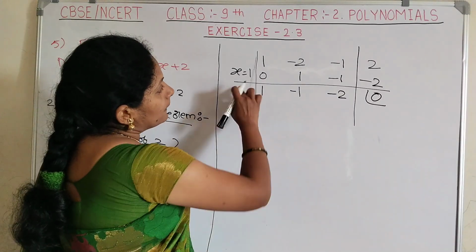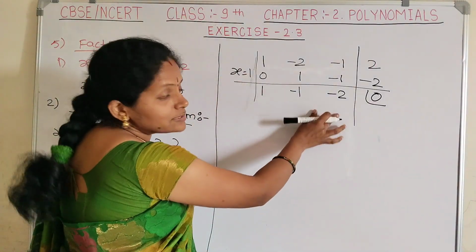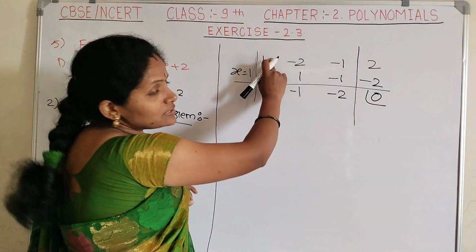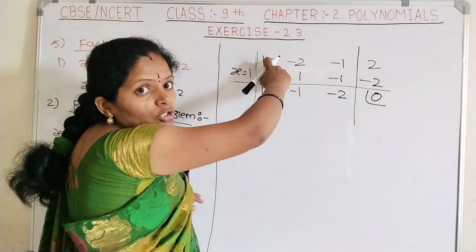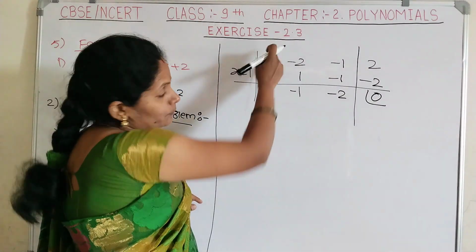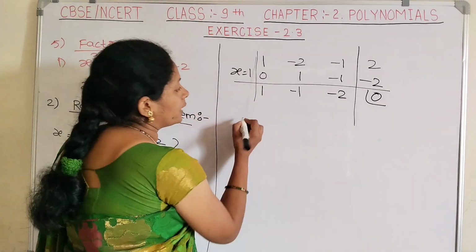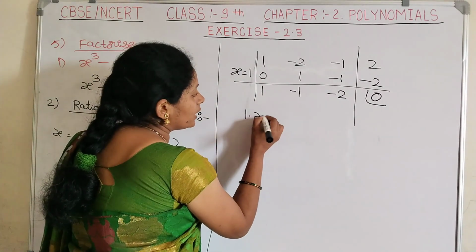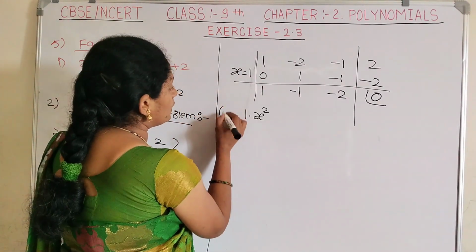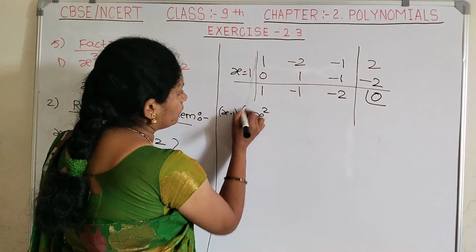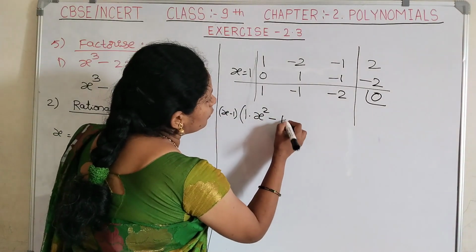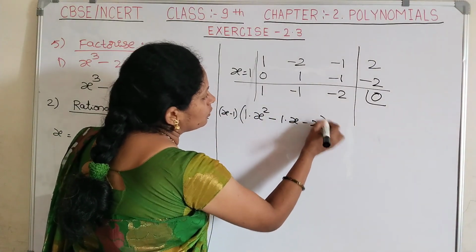Now for the next step, 1 will be the coefficient of x square, so we can write 1 into x square. We can write x minus 1 into x square minus x minus 2.